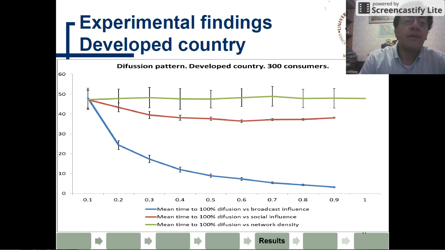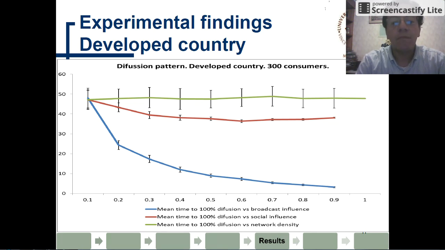So a developed country is one-third the size of a developing country, which clearly resembles the population of countries. And the most important issue in this graph is that it takes 50 periods of time to reach maximum diffusion, which is different to the number of periods we saw for the developing country.